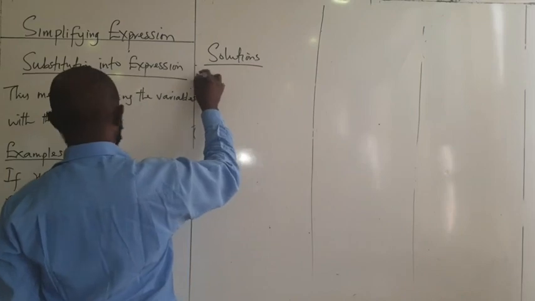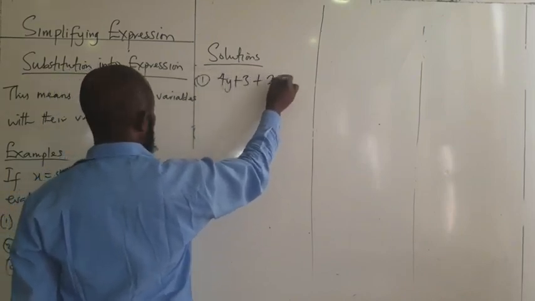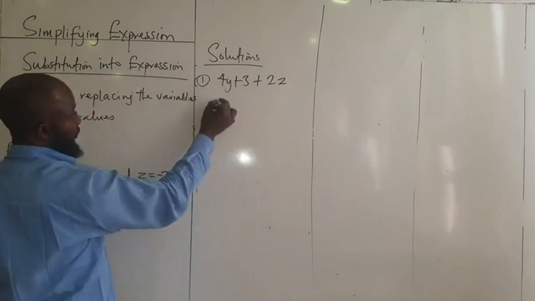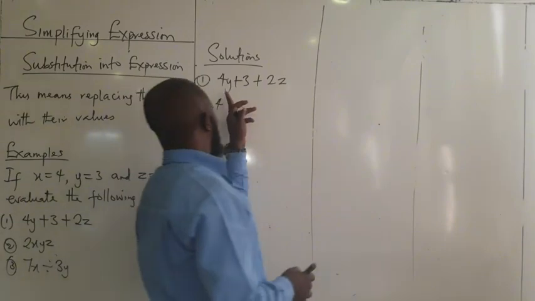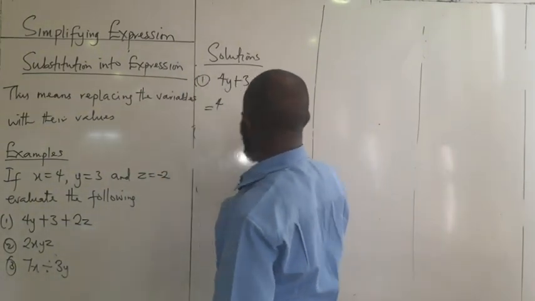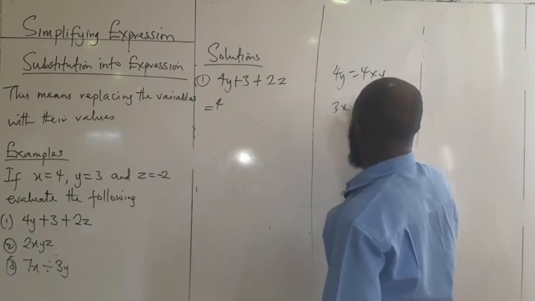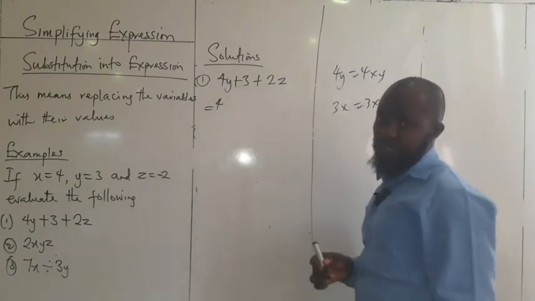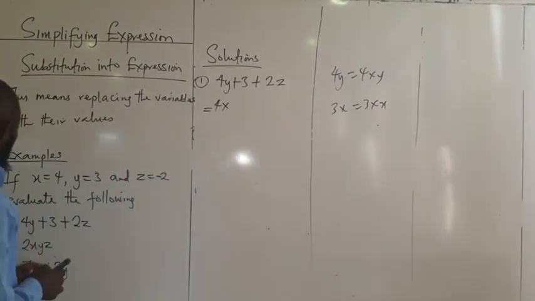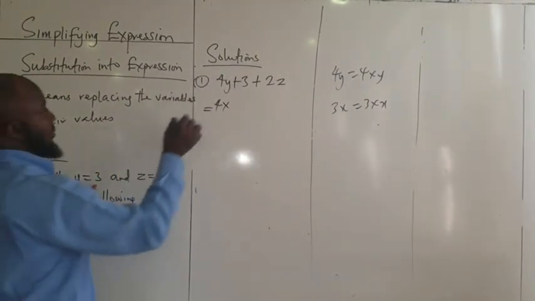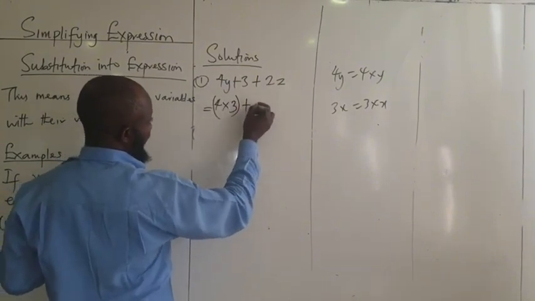The first one is 4y plus 3 plus 2z. Here, 4y means 4 times y. If it is 3x, it means 3 times x. So that means 4 times the value of y, which is 3, plus 3, plus 2 times z, which is minus 2. You can put it in brackets to differentiate.